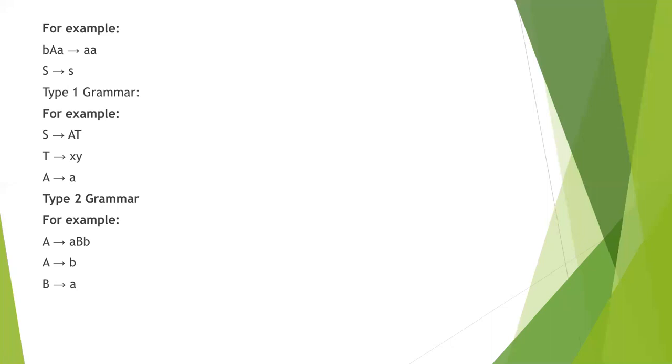There can be more than one symbol on the left hand side of the production rules. Productions are in the form of V produces T, S produces AT, T produces XY, A produces A.